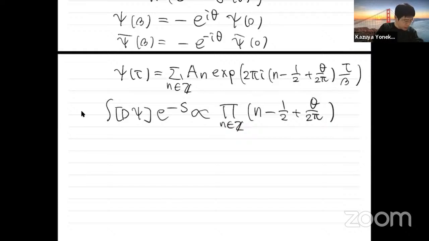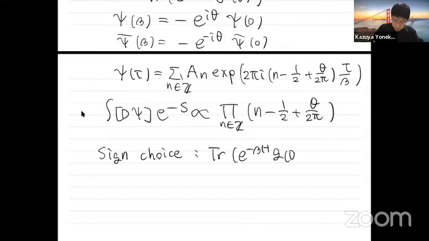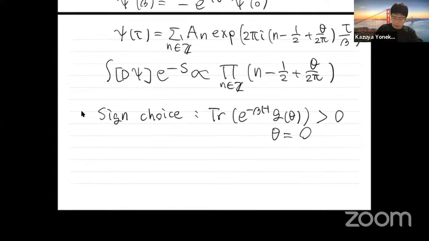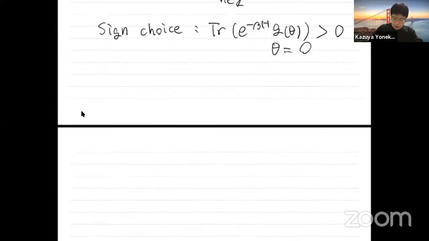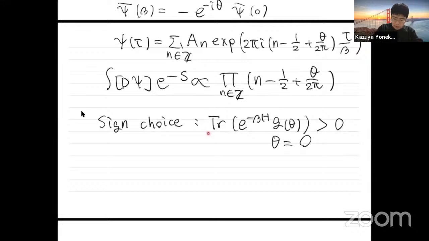And for that purpose, I require some physical condition. So I choose the sign so that the partition function is positive at theta equals 0. So this is a reasonable requirement because when theta is 0, this partition function is just a thermal partition function, and thermal partition function is just physically expected to be positive definite. So we impose this condition.